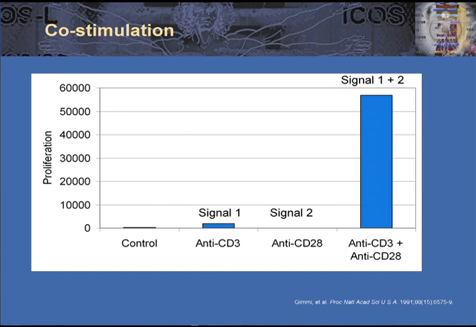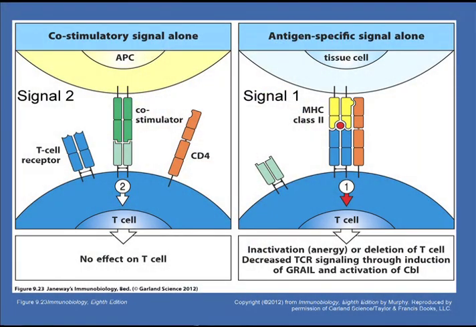So you can see with signal 1 alone or signal 2 alone, you don't get very much, but when you have both of those signals, you get a tremendous activation of T cells. In this case, they're measuring proliferation, but you could also look at IL-2 production or expression of the IL-2 receptor on the T cells.